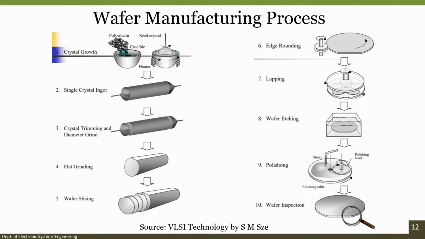Now, we were talking about the manufacturing or developing a silicon wafer, which you can see here, silicon wafer from sand. So, first you take a sand, extract polysilicon, and this polysilicon you heat in a crucible. This crucible is at extremely high temperature, so that it will melt the polysilicon.